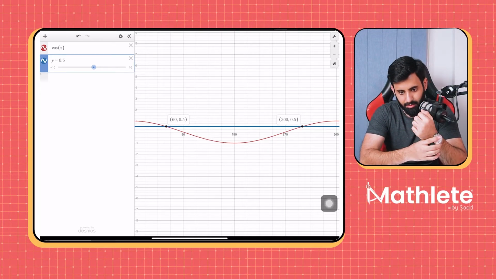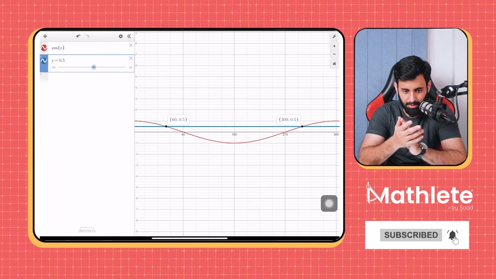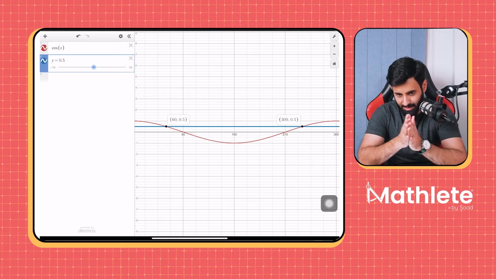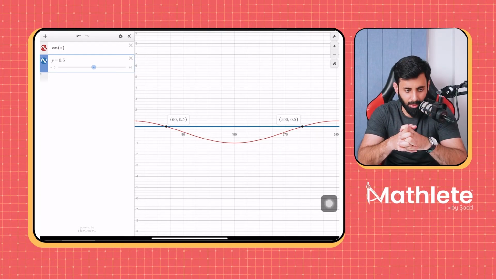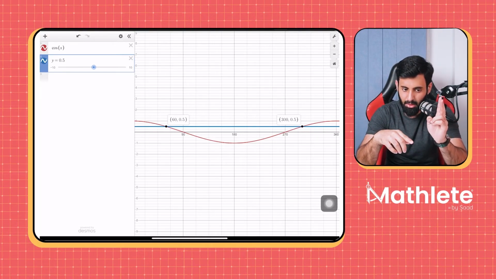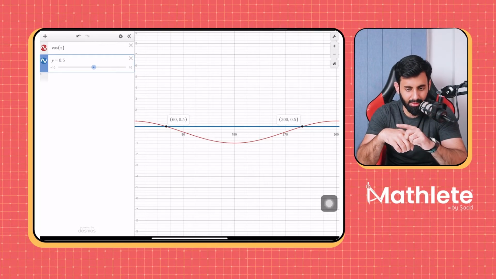I'll repeat my question. If cos x equals 0.5 at 60 and 300, when will the graph of cos be equal to 0.5 in the next cycle? What are the two values where cos will be equal to 0.5 in the next cycle? Okay, perfect. 420 and 660.